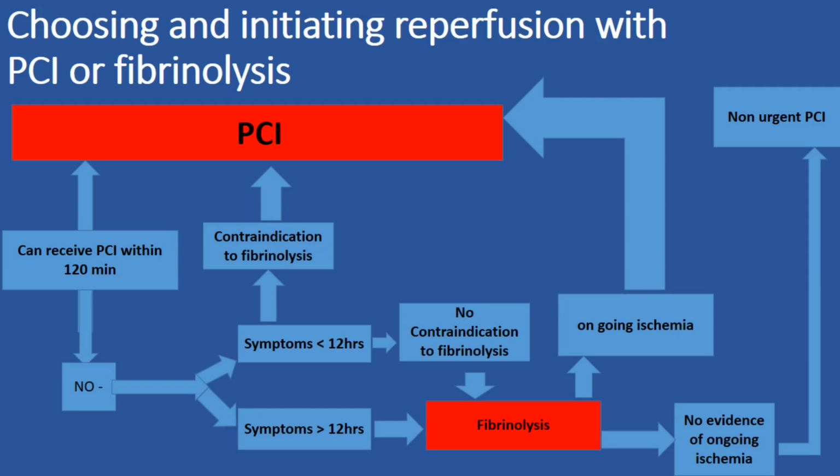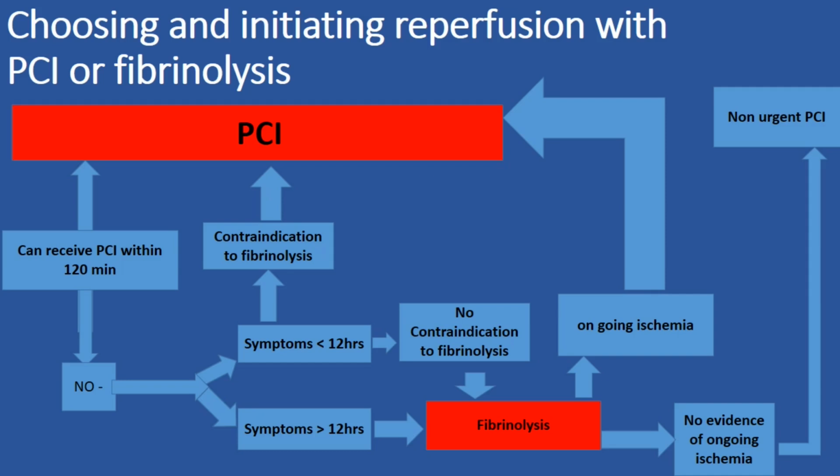But if you can't offer PCI within 120 minutes, then you should consider whether the time of onset of symptoms is more than 12 hours or less than 12 hours. If it is more than 12 hours, you should go for fibrinolysis, not for PCI.